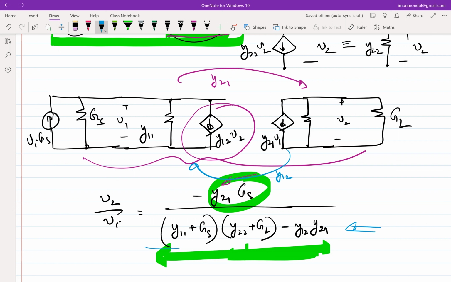If I go sufficiently close, then I am increasing the reverse transmission, because when it's far, whatever is emitting from the loudspeaker is not really going in, since this mic is closer to my mouth than to the loudspeaker. Another way to think about it: if I crank up the loudspeaker volume, then the amount of energy going into the mic will increase, which means Y12 in this sense will increase, and you will end up in a condition where this denominator is getting to 0. That is one way of thinking.